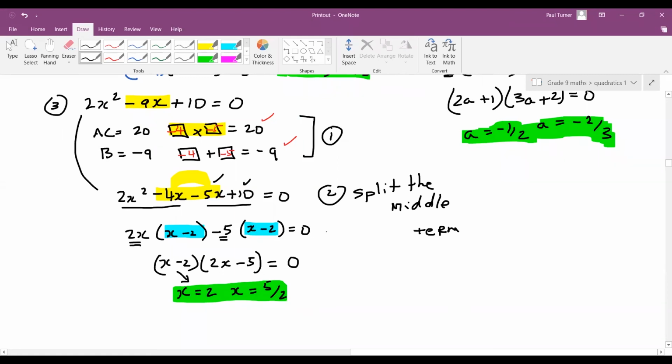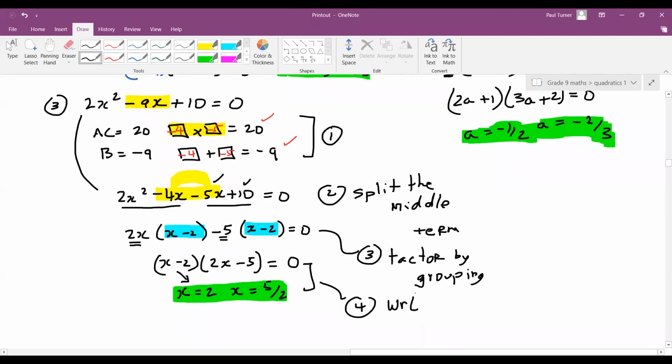And then we factorize by grouping here. Factor by grouping. There. And then here we write the solution here as step 4. So I recommend these as the 4 steps that you show. So write solution.